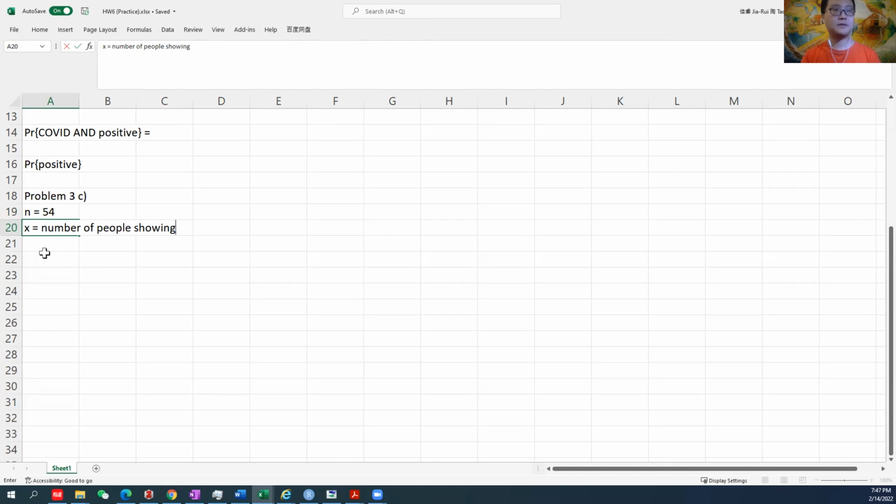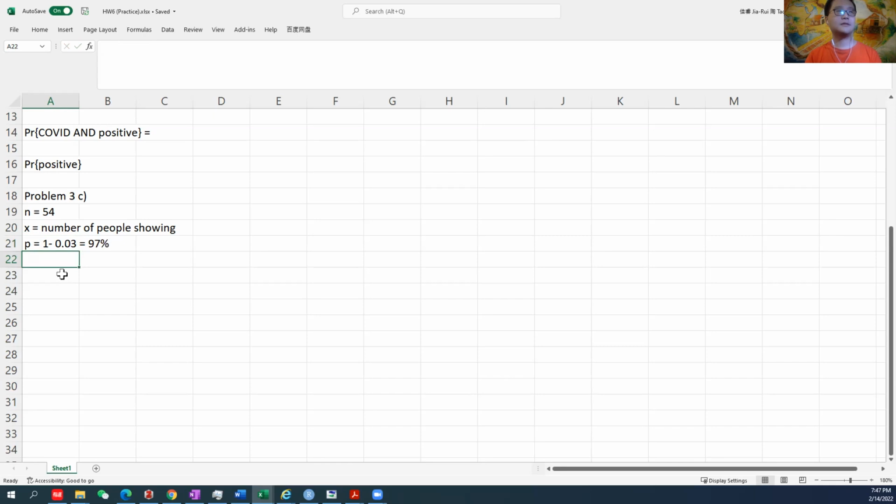You could possibly define it as the number of people not showing up, but what matters is that you match X with the success rate. If we define it as success of showing up, then the number of people showing up should be matched with the probability of a random person showing up. That would be 1 minus this not showing up rate, right? So it'll be like 97%.